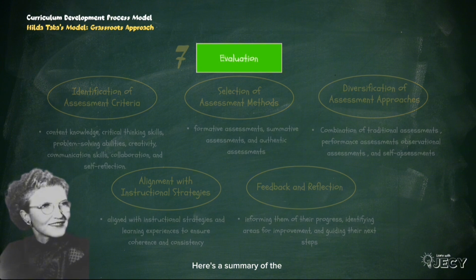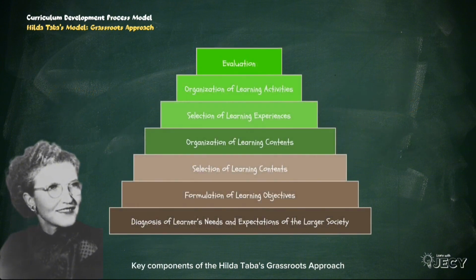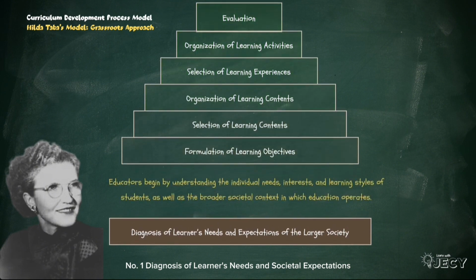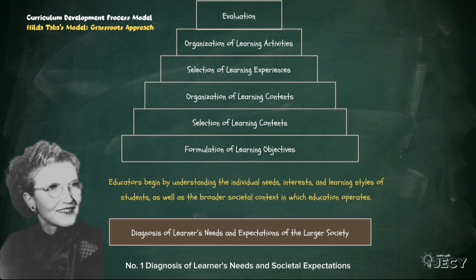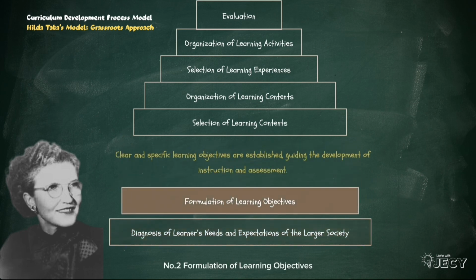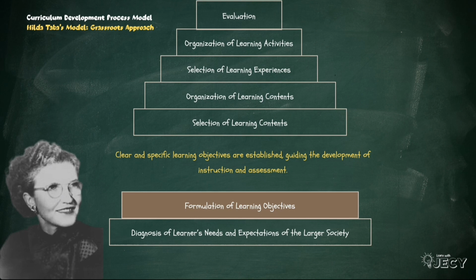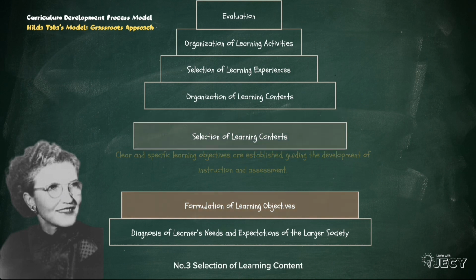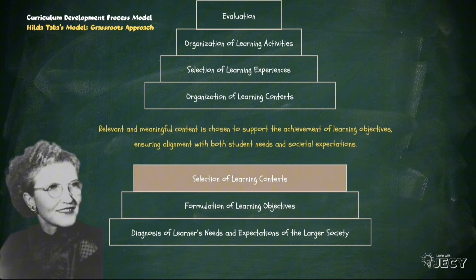Here's a summary of the key components of Hilda Taba's grassroots approach. Number 1. Diagnosis of learners' needs and societal expectations. Number 2. Formulation of learning objectives. Number 3. Selection of learning content.